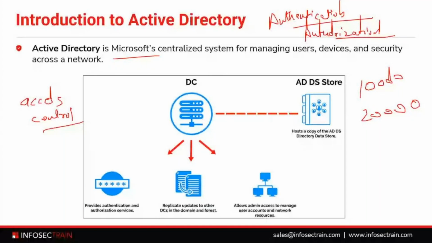Another critical function is authorization, which determines what actions a user can perform within the network. Administrators can define access levels, restrict permissions, and enforce security policies to protect sensitive data. Active Directory makes sure that only authorized users can access specific files, applications, or network services.